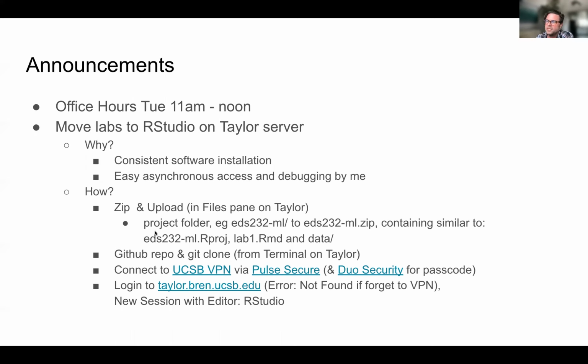So the easiest way to do this would be to zip up your files and then upload them once you log in. When you upload a zip in Taylor, it'll automatically expand it to the target destination. So it'll unzip it to location.